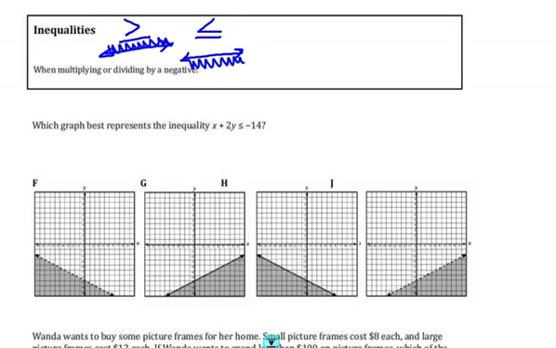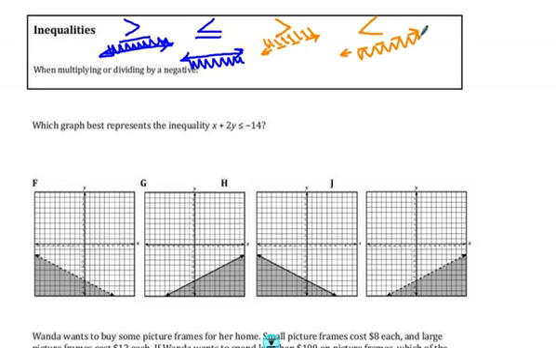If we have just greater than, it's going to be a dashed line, and we shade above, and if it's less than, it's going to be a dashed line, and we're going to shade below the line. So write that however you need to write it.